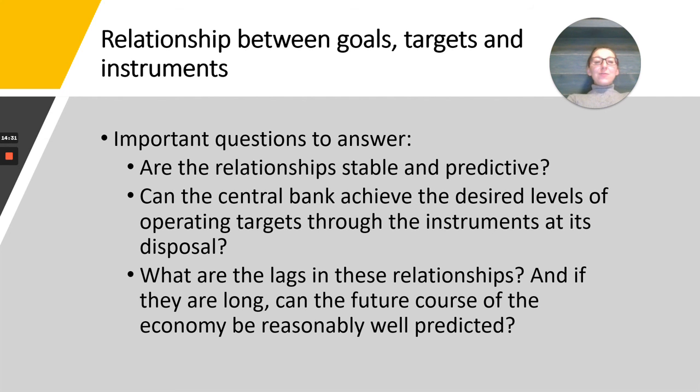And the last thing is about the lags of these relationships. As we already talked about, there is a long path from the monetary policy instrument to the goal, to the change of the final variable we want to change. So are there time lags, or how long does it take for everything to happen? Usually it takes a while.